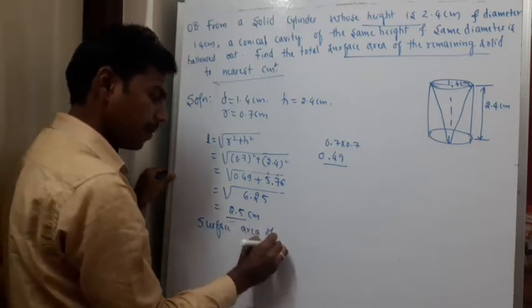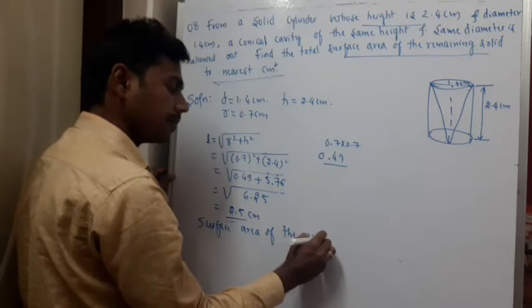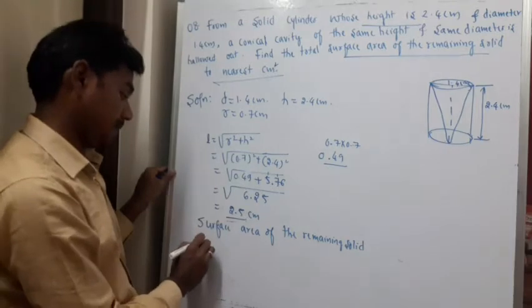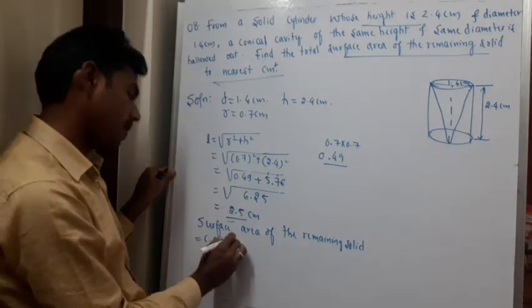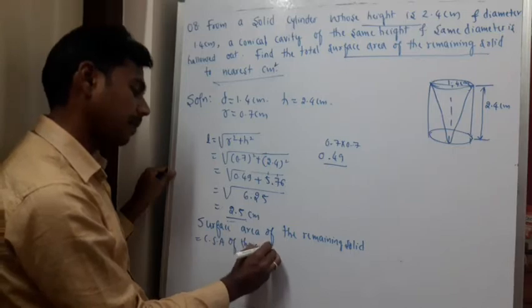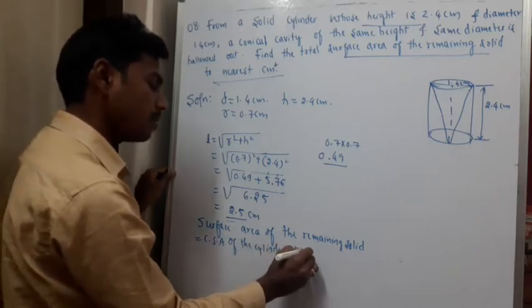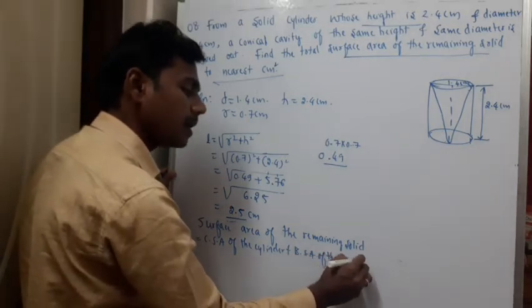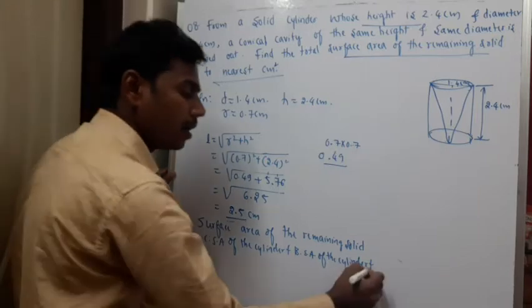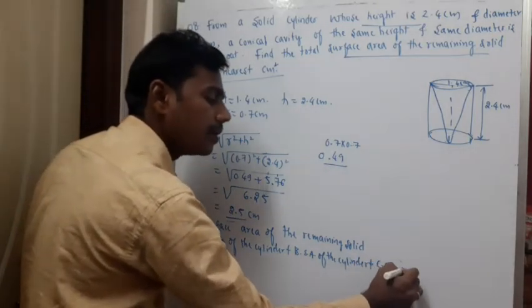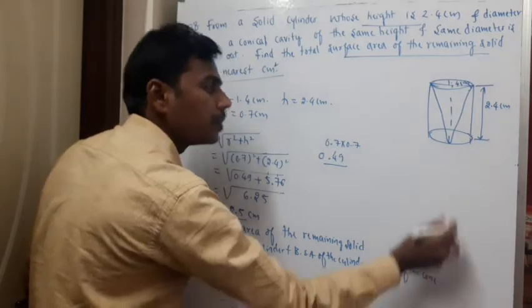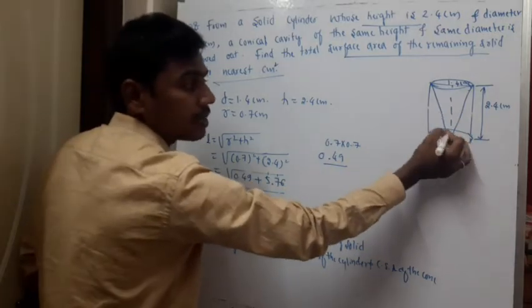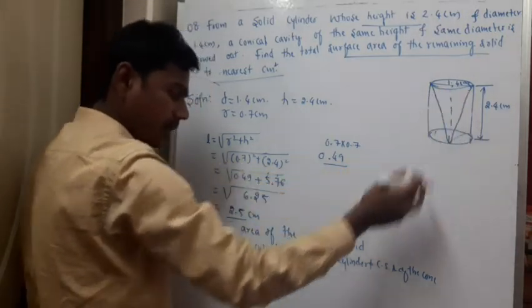Surface area of the remaining solid is equal to curved surface area of the cylinder plus bottom surface area of the cylinder plus curved surface area of the cone. So curved surface area of the cylinder, bottom surface area of the cylinder and curved surface area of the cone.